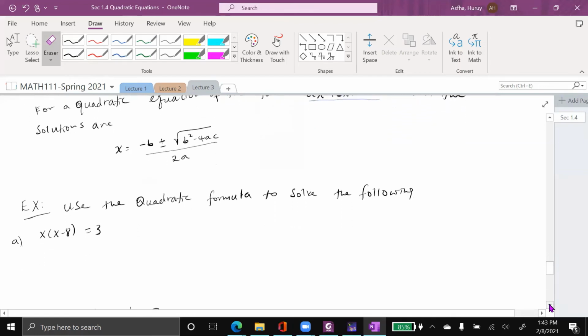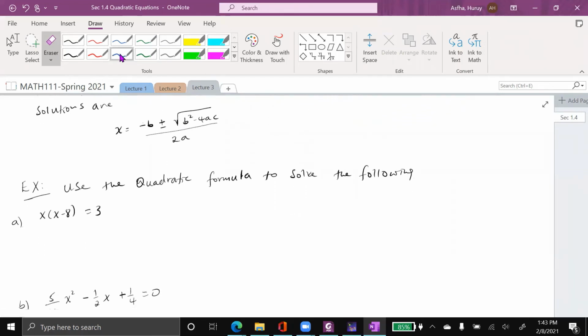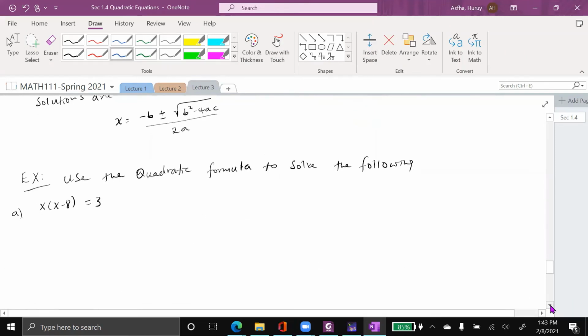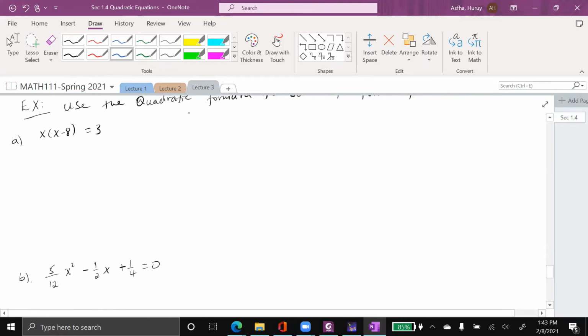Okay, now let's use this method to find the solution set of these quadratic equations. Now here we have this equation. Well, is it a quadratic equation first? It doesn't look like it, but definitely it is, because when you multiply this out, you get a quadratic equation. That's what we need to do.